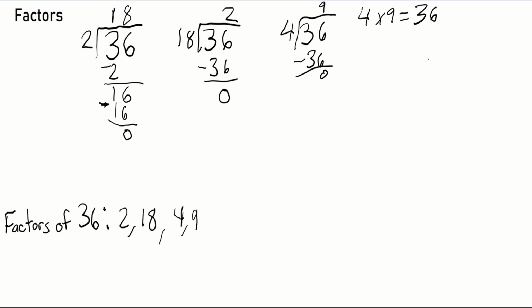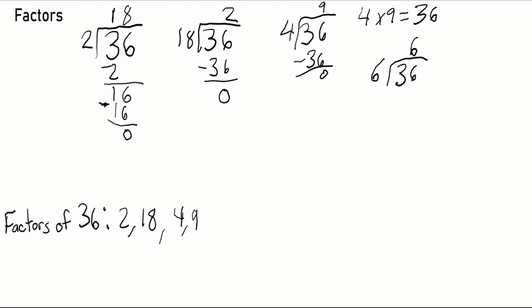Now, what about 36 divided by 6? Well, the quotient would be 6 without a remainder, meaning that 6 will be a factor of 36.